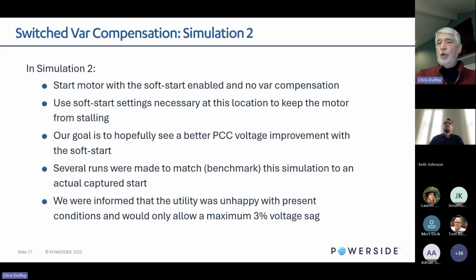Now in simulation 2, we're going to use a soft start with no VAR compensation. And we're going to see how that works and see what it looks like. And again, the goal is to look at conditions at the PCC. So several runs were made again to get this optimized. And we're informed that the utility was unhappy with the present conditions and would allow only a 3% voltage sag.